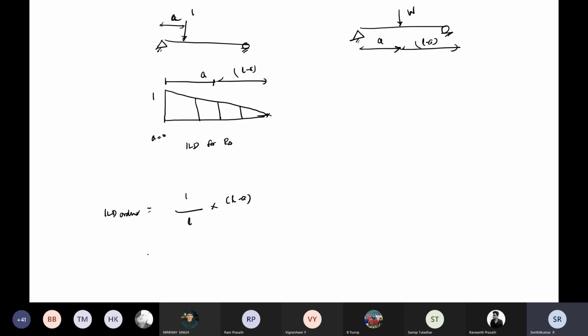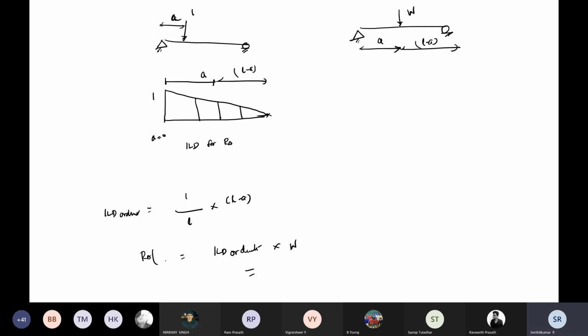Then to find the RA due to the load, I multiply the ILD ordinate by that W, because this ILD is based on unit load, not on W. So just multiply by W and you get the exact RA. No need to remember W(L minus A) by L and all those things. Just use this ILD diagram.